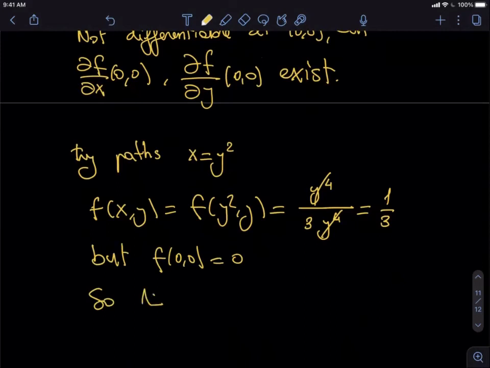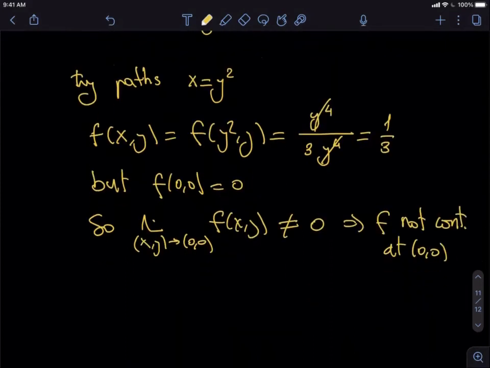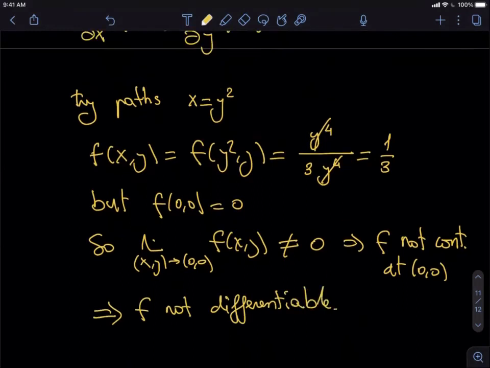So the limit as (x,y) tends to (0,0) of f of (x,y) is not 0. Okay, so not continuous. So if it's not continuous, then it's not differentiable. And this solves the first part of the problem.